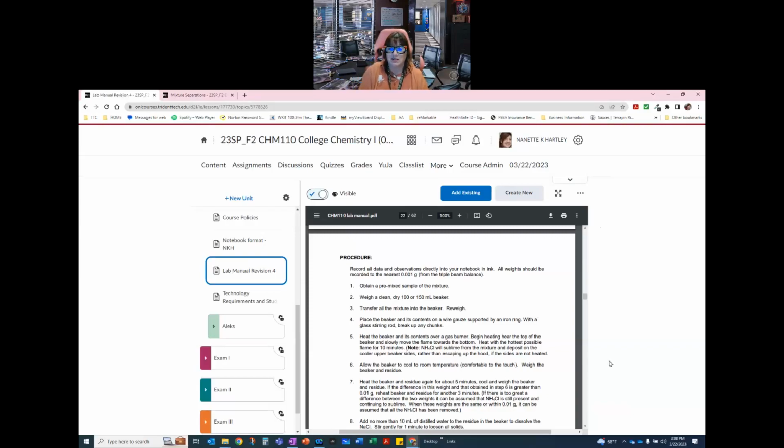Because if I don't reweigh that and make sure that the mass hasn't changed, then I may have additional NH4Cl that's left over. That NH4Cl is soluble in water, so it'll go with the sodium chloride. When I then dry the sodium chloride, I'll have additional mass in that stuff.